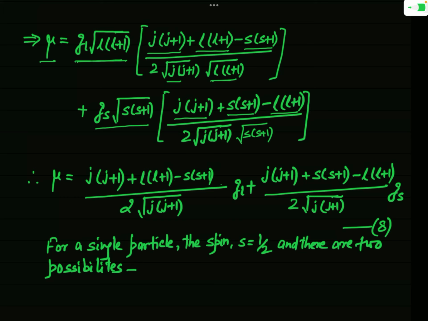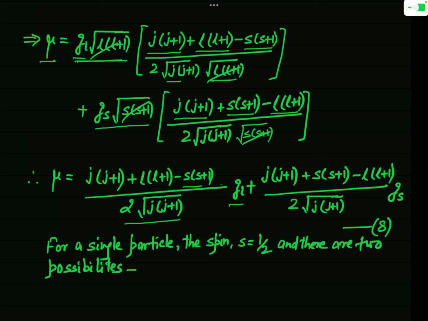Now you can see this root over L into L plus 1 and this root over L into L plus 1 will cancel out. Similarly, this and this will cancel out. And what will be our result? You can now see. This will be simply J into J plus 1 plus L into L plus 1 minus S into S plus 1 over 2 root over J into J plus 1 times GL.